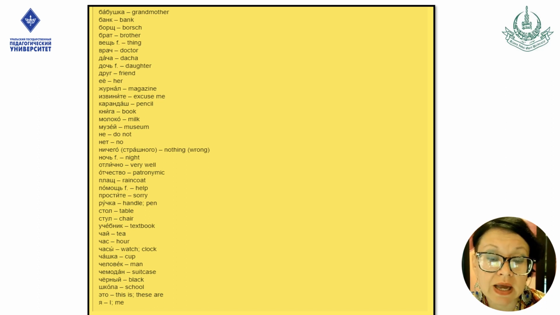Don't forget to practice such structures as у меня есть банк, у меня есть вещь, у меня есть дача. Dacha is a Russian garden, a very big Russian garden. A lot of people keep such gardens and they call them dacha. У меня есть дача и друг. У меня есть дочь и сын. У меня тоже, don't forget the Russian word тоже, too, right? У меня тоже есть молоко и чай, right?